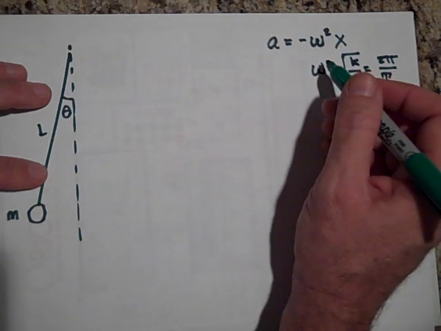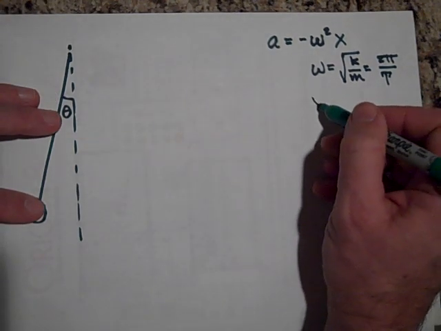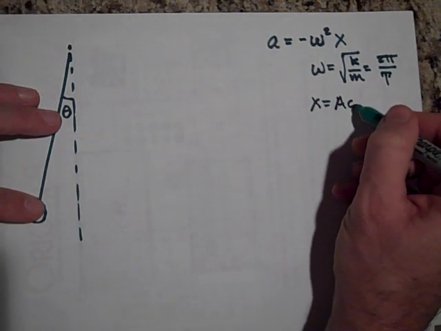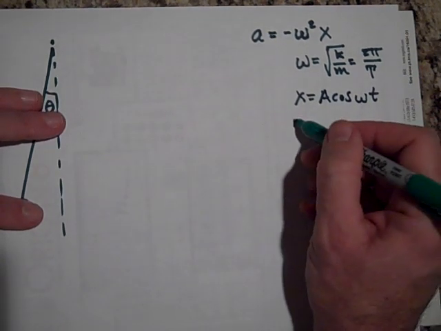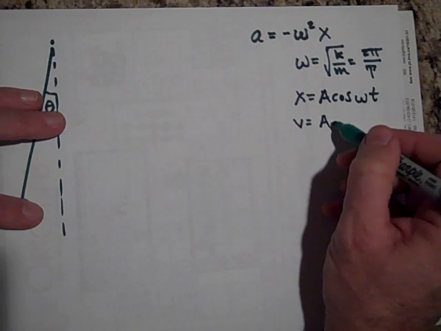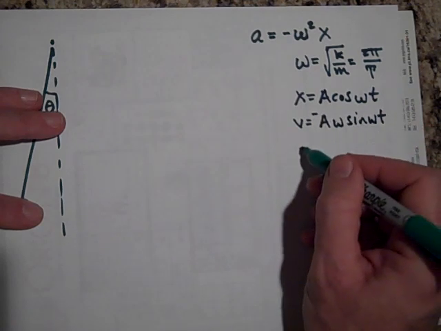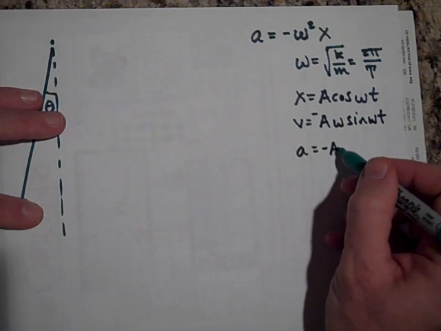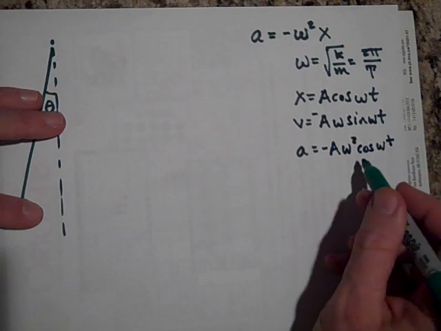And if you can't remember where that came from, if we start with x equals A cosine omega t, and we take two derivatives, we get that.